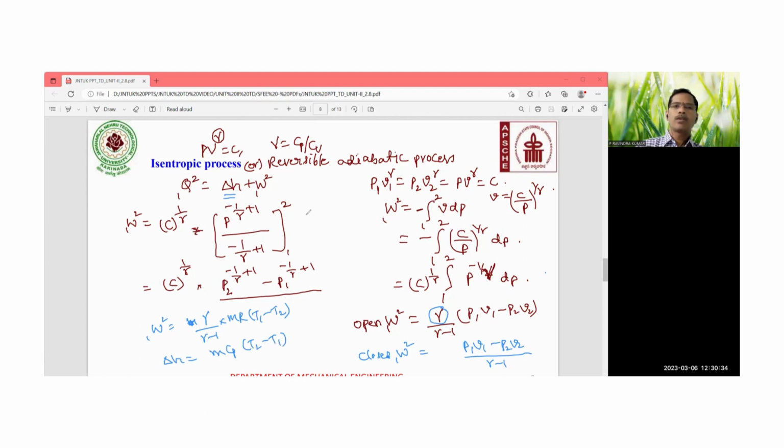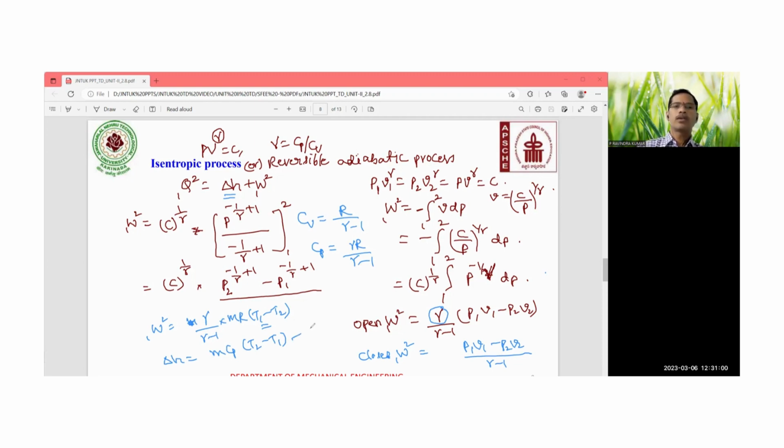Then we all know that Cv is equal to R by gamma minus 1, and Cp is equal to gamma R by gamma minus 1. Substituting, if you bring all these terms together, you will get the expression for this case.